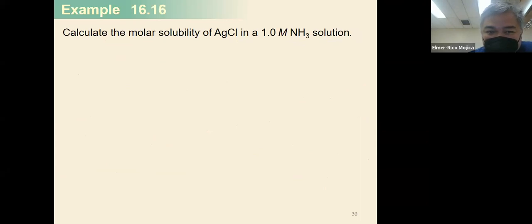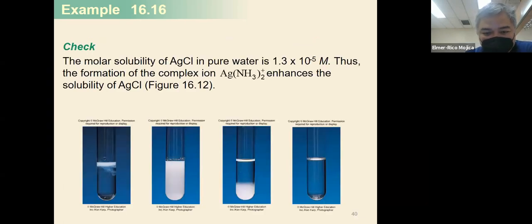And then you calculate the molar solubility of silver chloride in 1 molar ammonia. So we're not going to solve this. I can promise you we're not going to have a problem like this one in your exam. But the thing that I'd like you to know is what happens if we have silver chloride, okay?